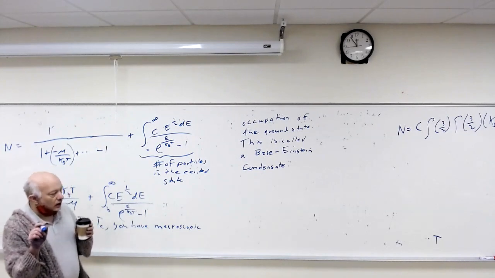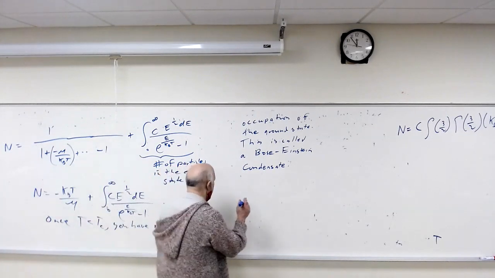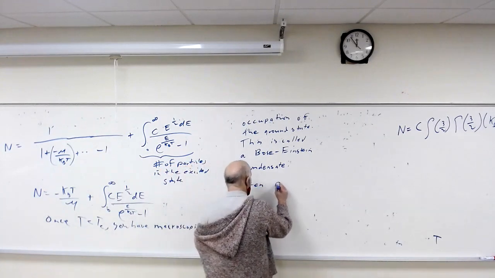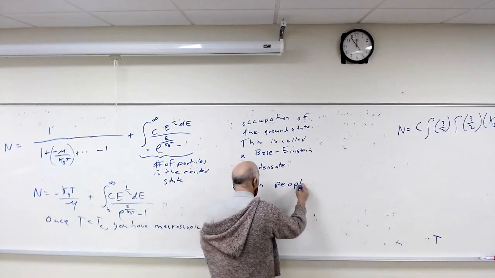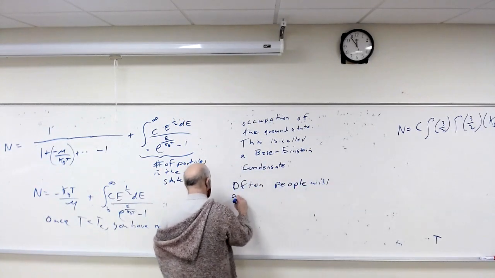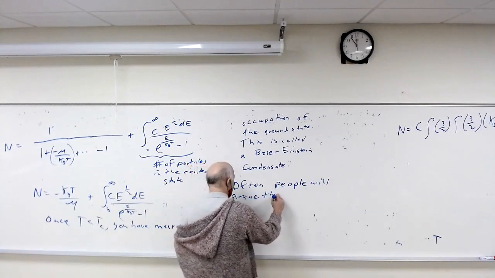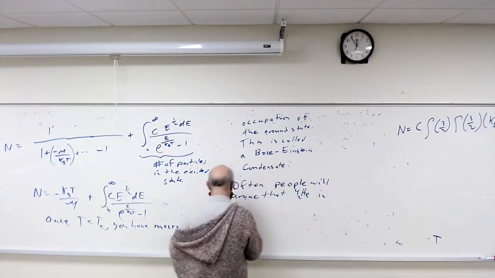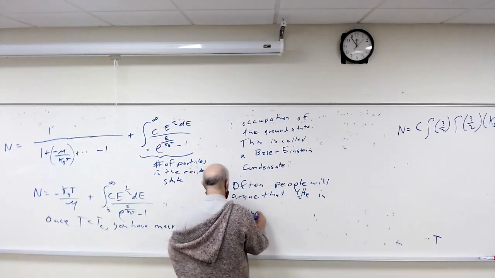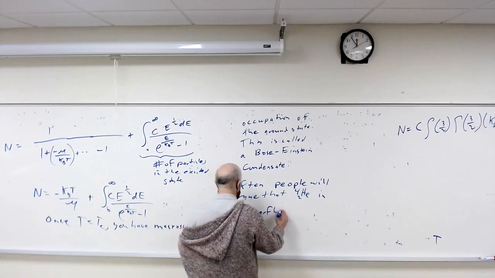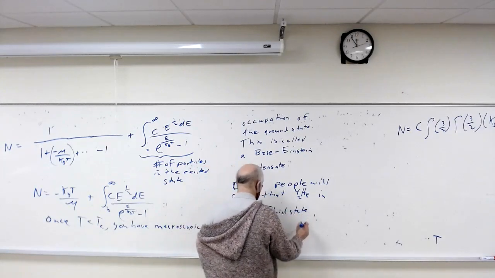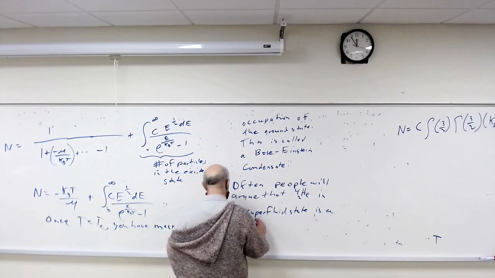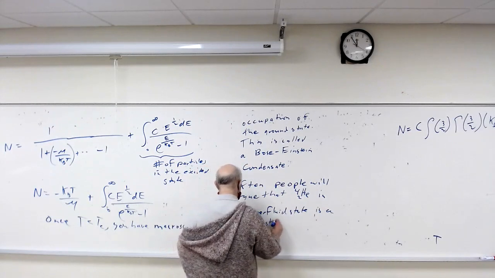Okay, and sometimes people, meaning physicists, and most people, will argue that helium-4 in the superfluid state is a Bose-Einstein condensate.